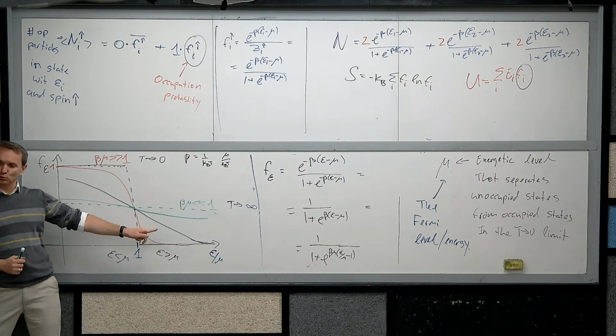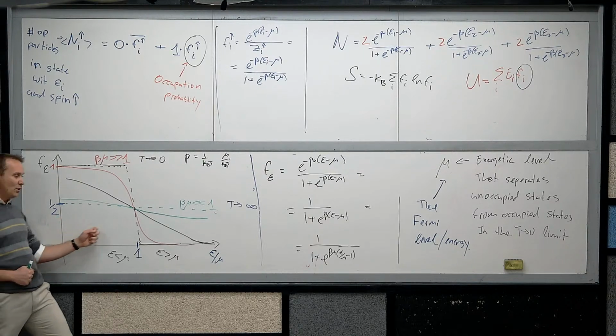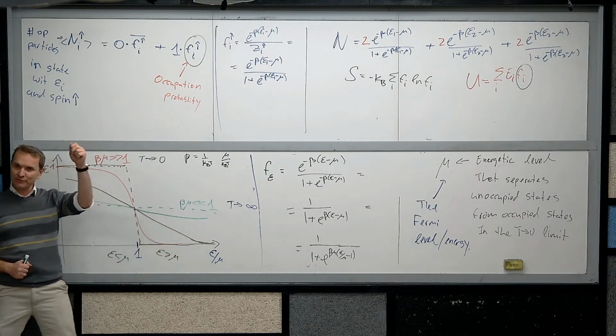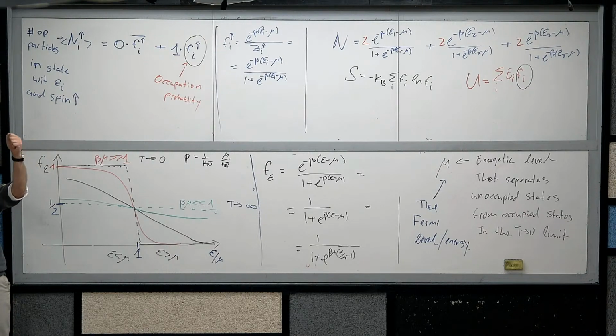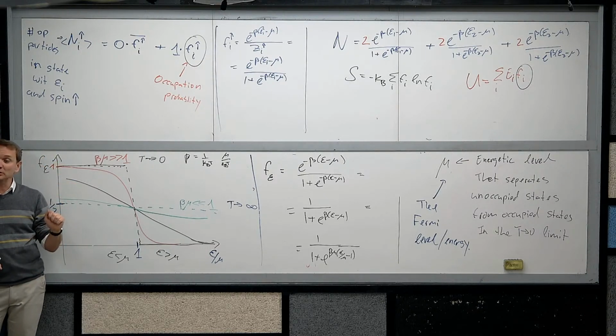This is not the distribution. Give me a state, epsilon, and I will tell you what's the probability to be occupied and what's the probability to be unoccupied. It's not the distribution with respect to epsilon. It's the value of the probability of a state with a given epsilon to be occupied. The integral doesn't have to be equal to 1. It's not a probability density of epsilon.